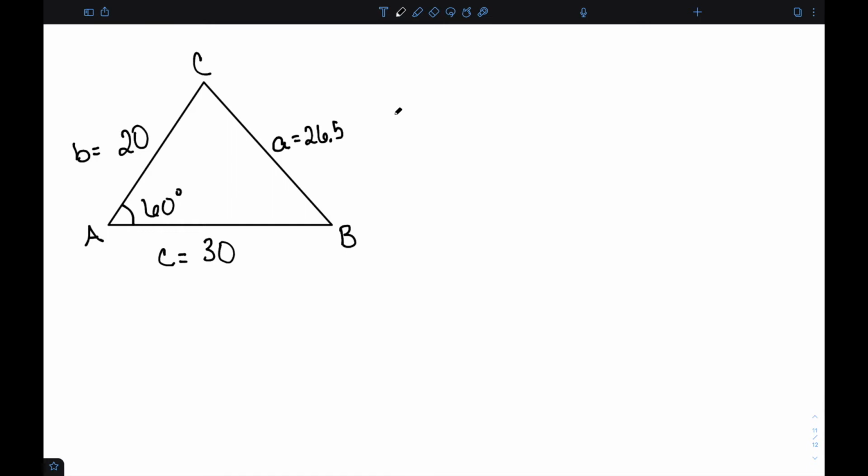Next is to use the law of sines. The only angle side pair I know is for A, so I'm going to start with that. 26.5 divided by sine of 60 degrees. And I said I wanted to use the shorter of my 2 sides, so I'm going to use 20 since 20 is smaller than 30.